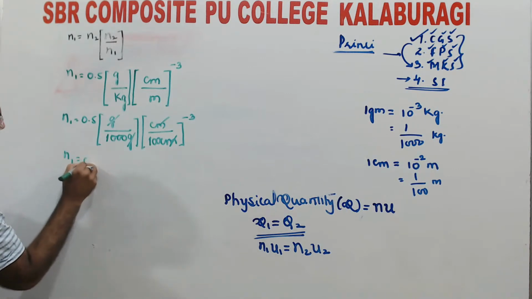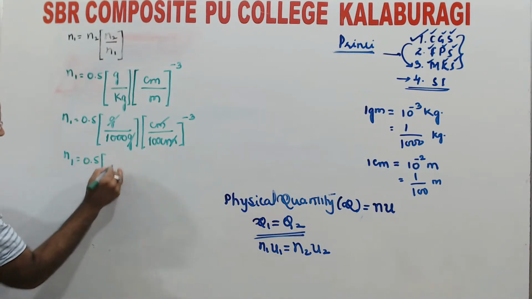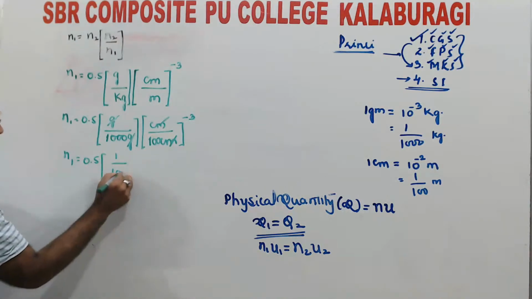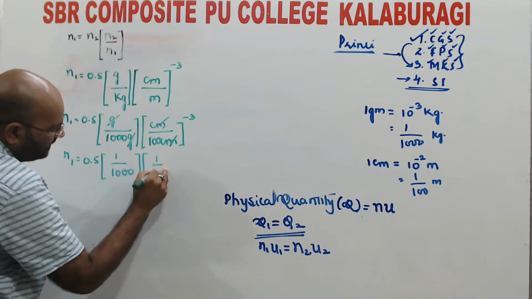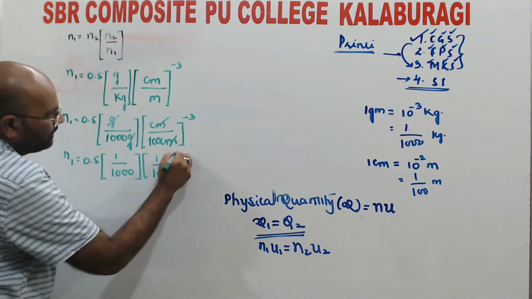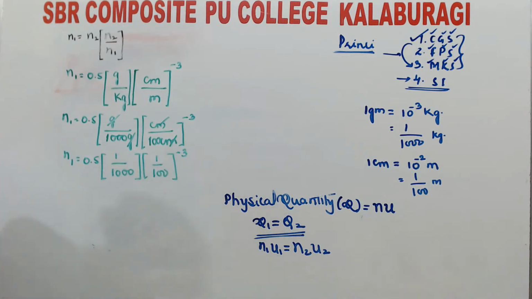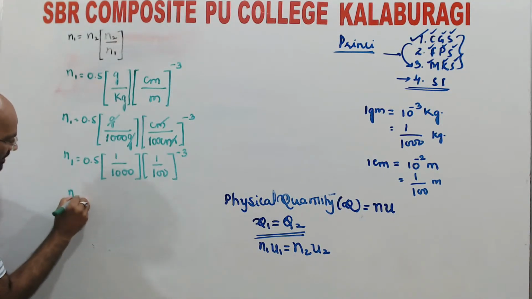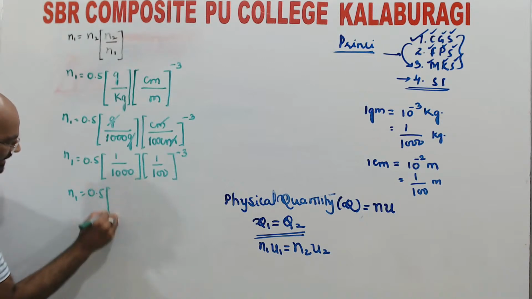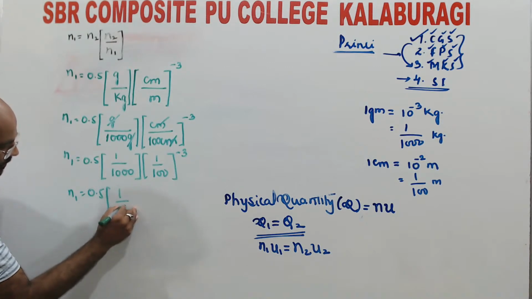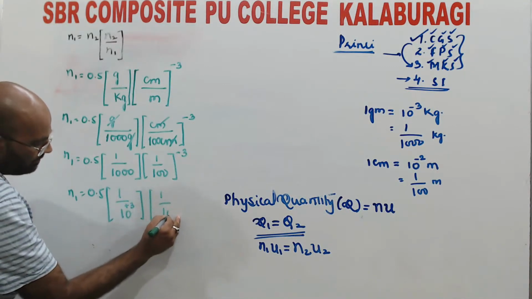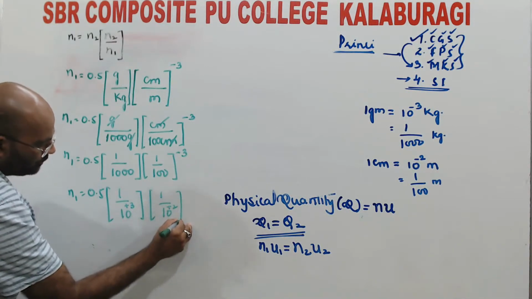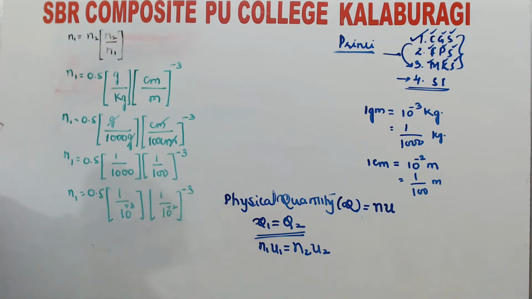Then we can write N1 is equal to 0.5 into 1 by 1000, into 1 by 100 to the power minus 3. Then you see, 10 to the power plus 3. We can write N1 is equal to 0.5 into 1 by 10 to the power plus 3, and then 1 by 10 to the power plus 2 whole to the power minus 3.